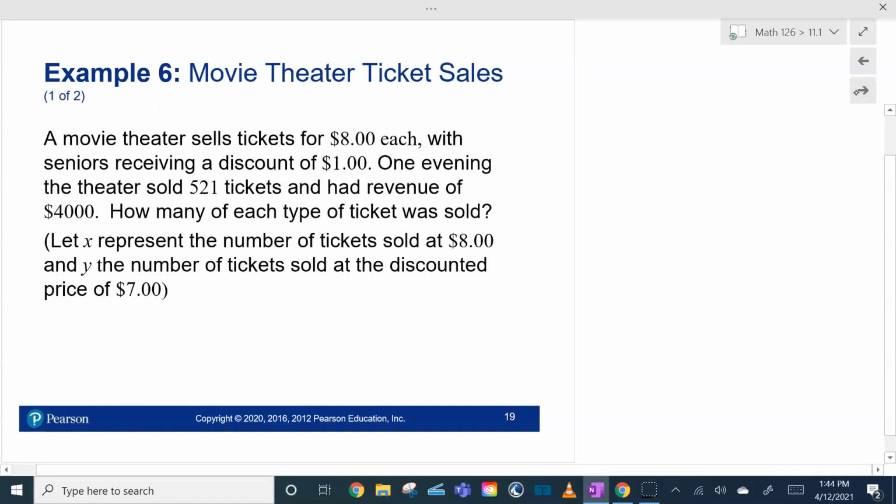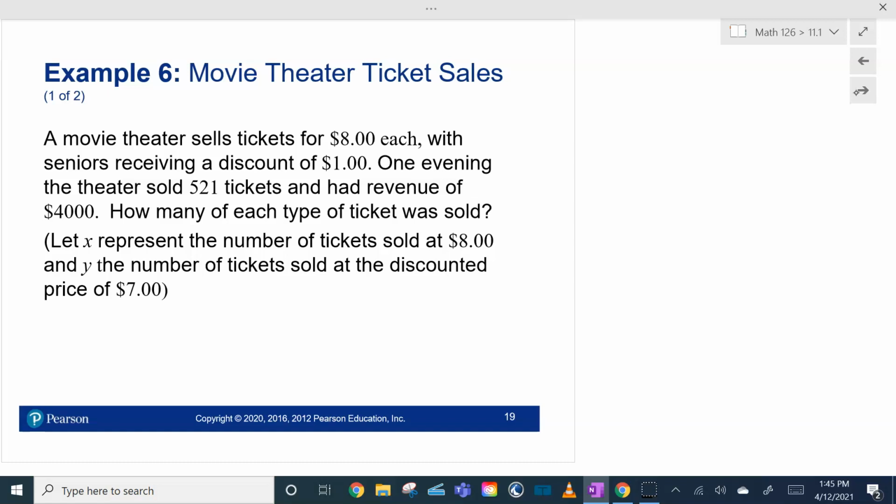All right, how about a little word problem here? Well, can we make a linear equation of this? A movie theater sells tickets for $8. Seniors receiving a discount of $1, so the seniors are $7 each.